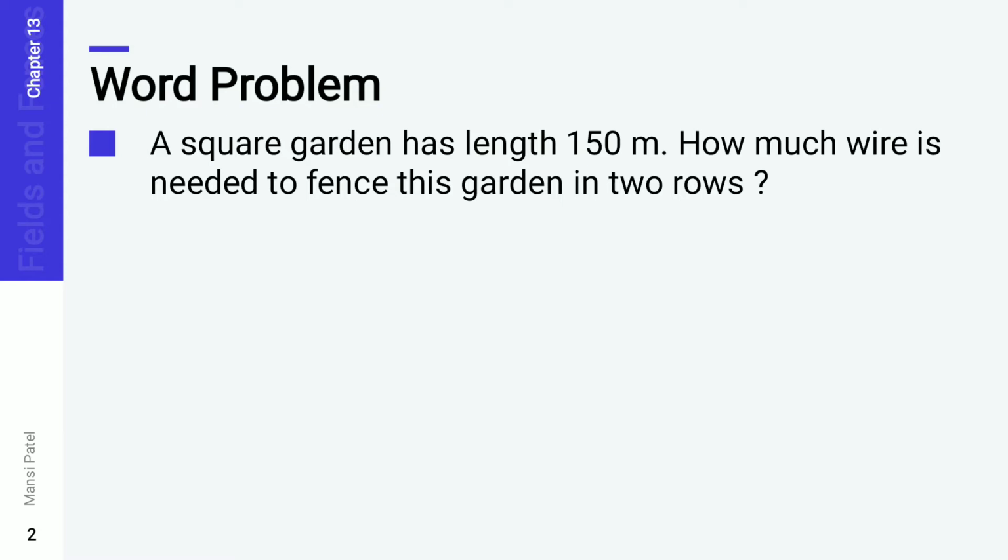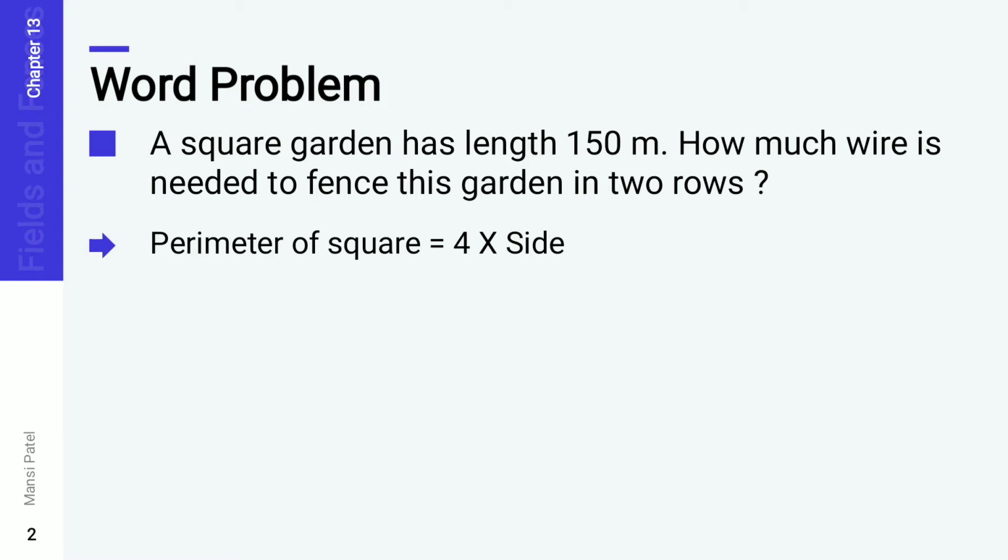So let us start. First, you have to write down the formula to find the perimeter of a square. What is the formula? Yes, perimeter of square is equal to 4 multiplied by side. Now what is the measurement of the side?